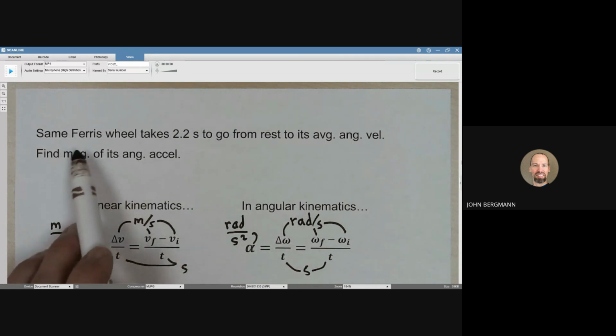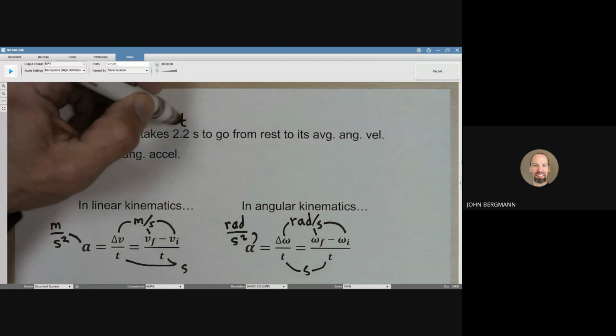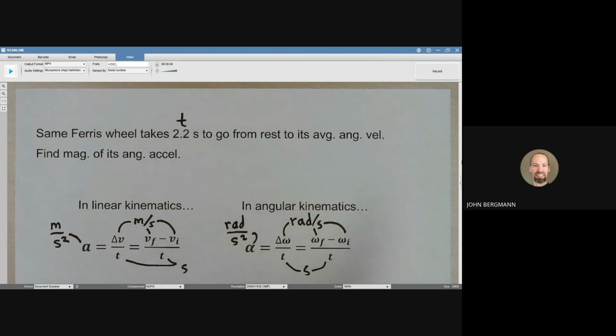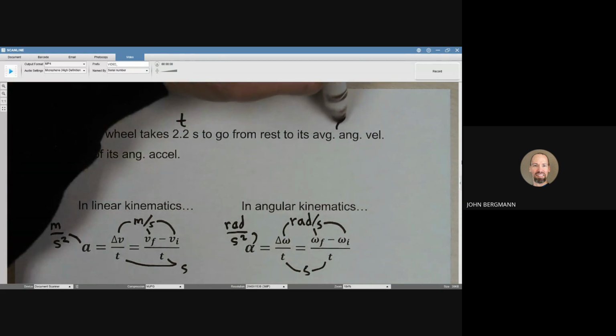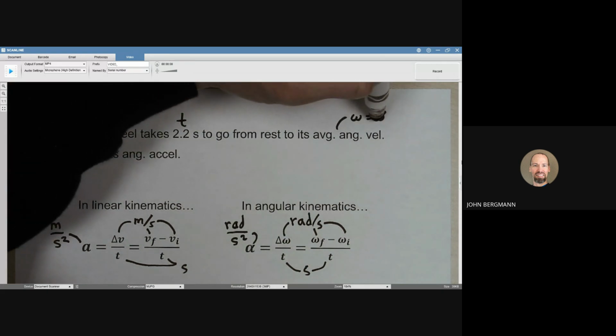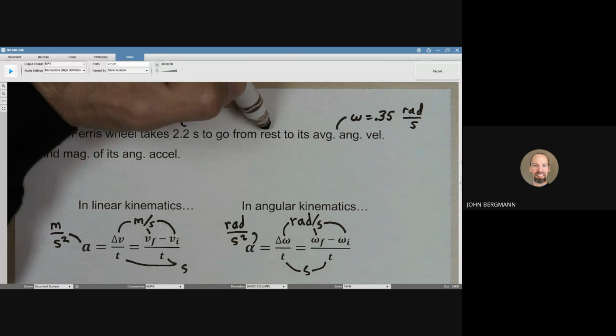It says that this Ferris wheel has taken 2.2 seconds to go from rest up to its average angular velocity, which is what we found just a bit ago. The average angular velocity, shall I write it up here, was 0.35 radians per second. And it says it goes from rest.